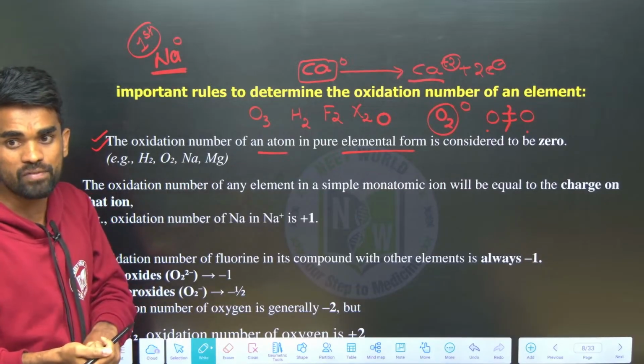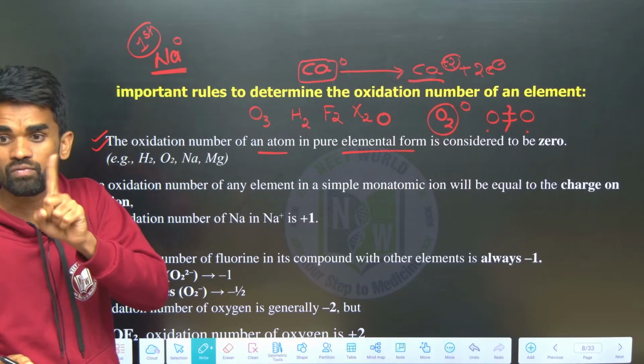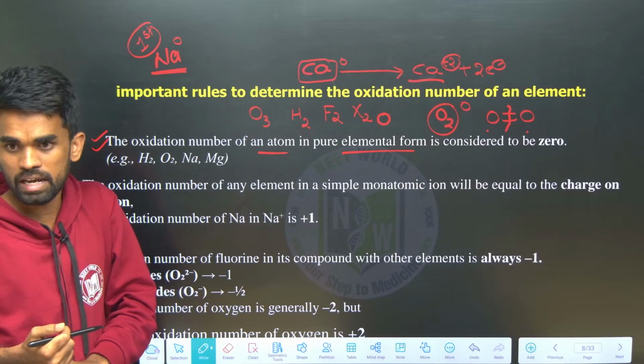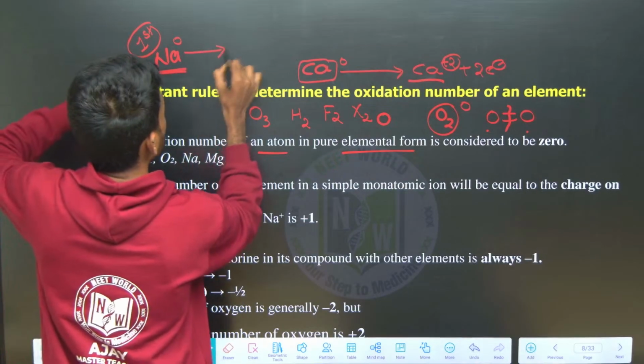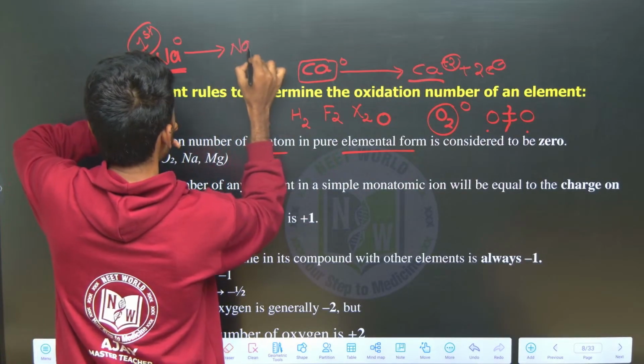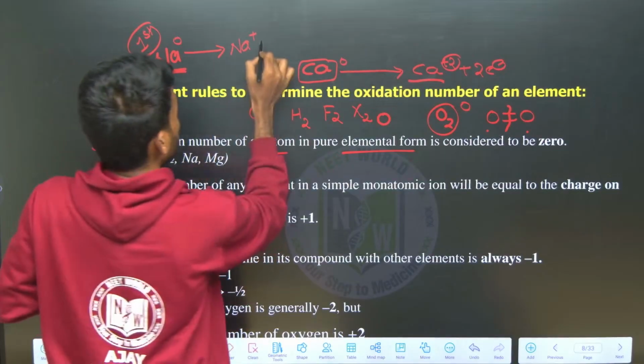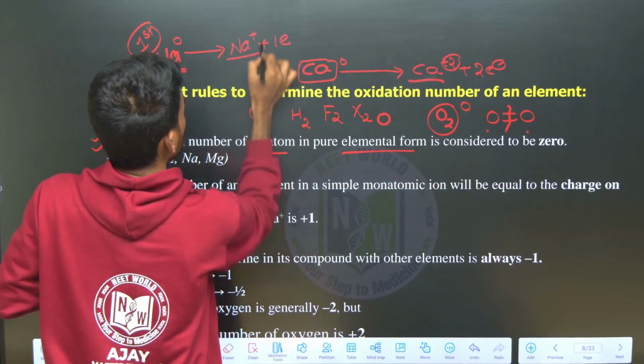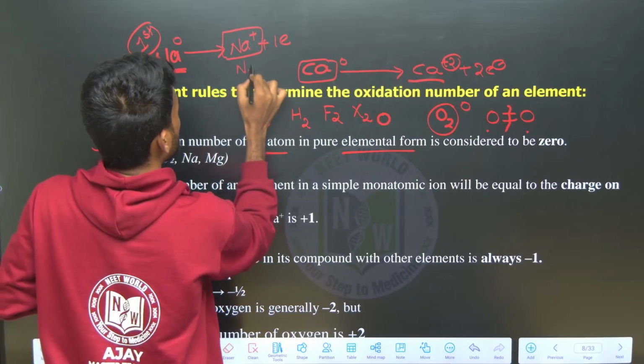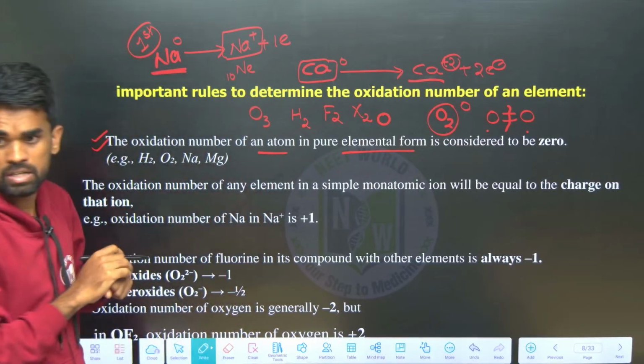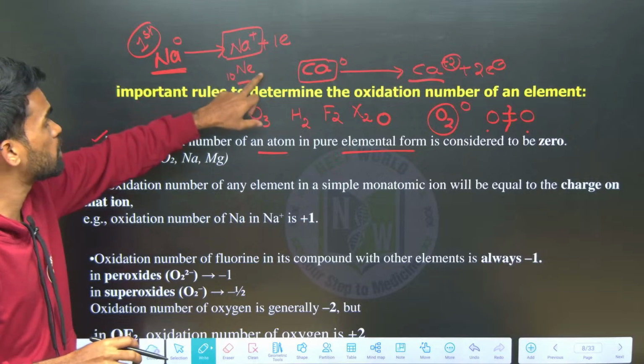After the neon configuration, sodium has one more extra, the 11th electron. By losing that 11th electron, it becomes Na+ and 1 electron is released. How many electrons are there here? The neon configuration has 10 electrons, so that's why it is getting the noble gas configuration.